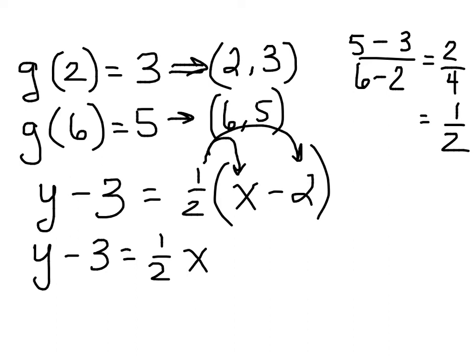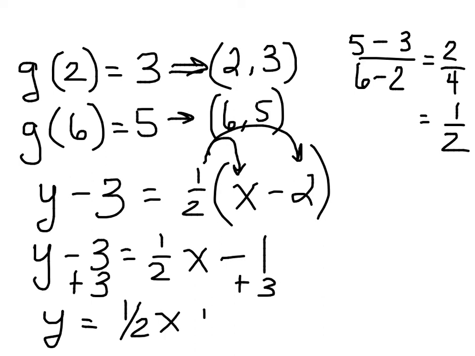What's half of -2? -1. How do I get y by itself? Add 3. And for the win, what's 3 minus 1? You got it. So as far as under the checking for understanding part on that page, that's the last one there.